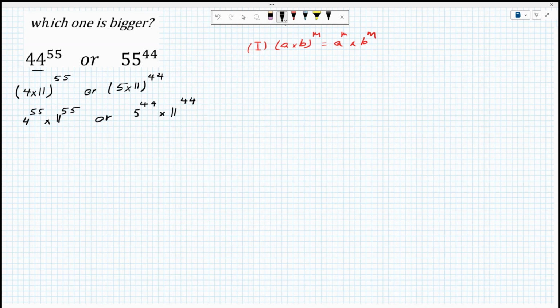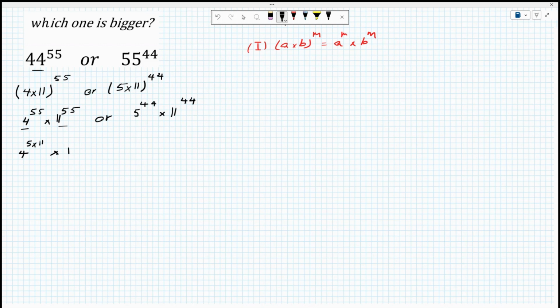Instead of 4 to the power of 55, I can write 4 to the power of (5 multiplied by 11), multiplied by 11 to the power of 55.